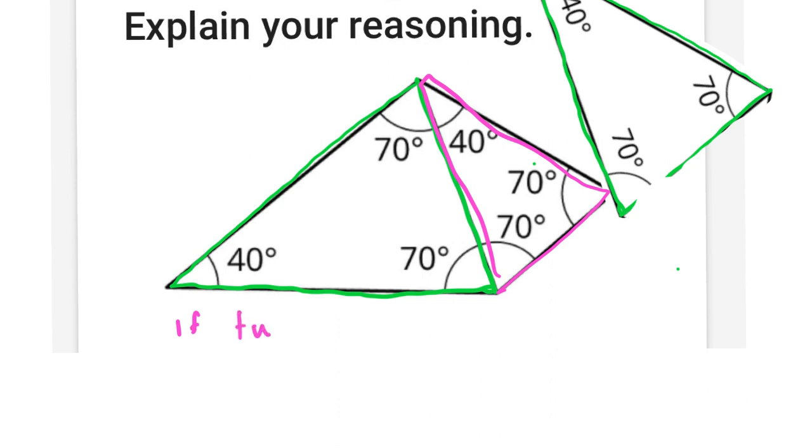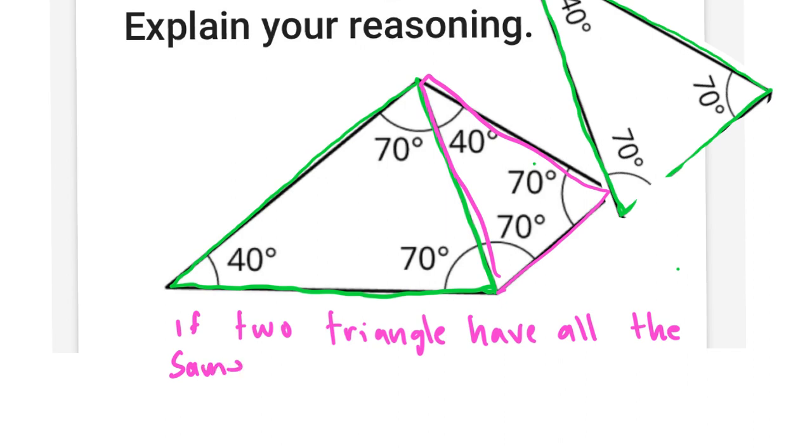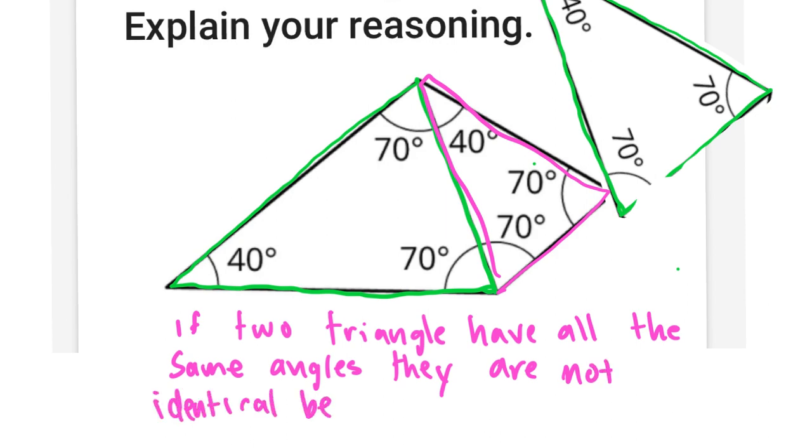If two triangles have all the same angles, they are not identical because the lengths can be different.